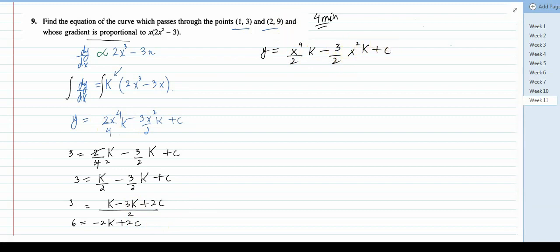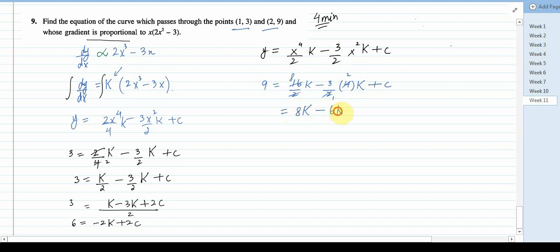I will place the point (2, 9) here, so y is 9, x is 2, 2 to the power 4 is 16. 16 upon 2 k minus 3 over 2, 2 squared is 4 k plus c. So it's 8k minus 6k plus c equals 9. 8 minus 6 is 2k plus c equals 9.